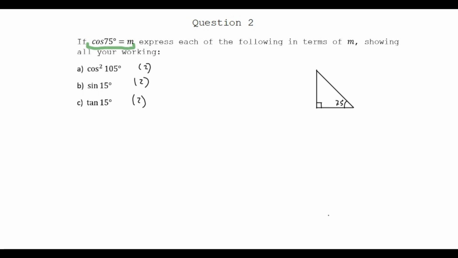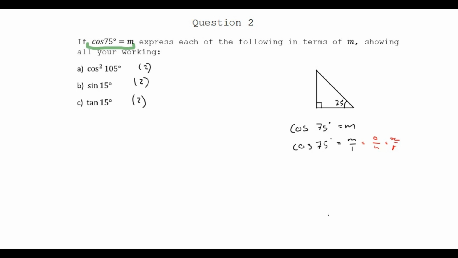Now, if you recall, we are working with cos. They gave us cos of 75 degrees equals m, which means we technically have cos of 75 degrees equals m over 1. And our cos ratio always gives us the adjacent over the hypotenuse, also known as x over r.